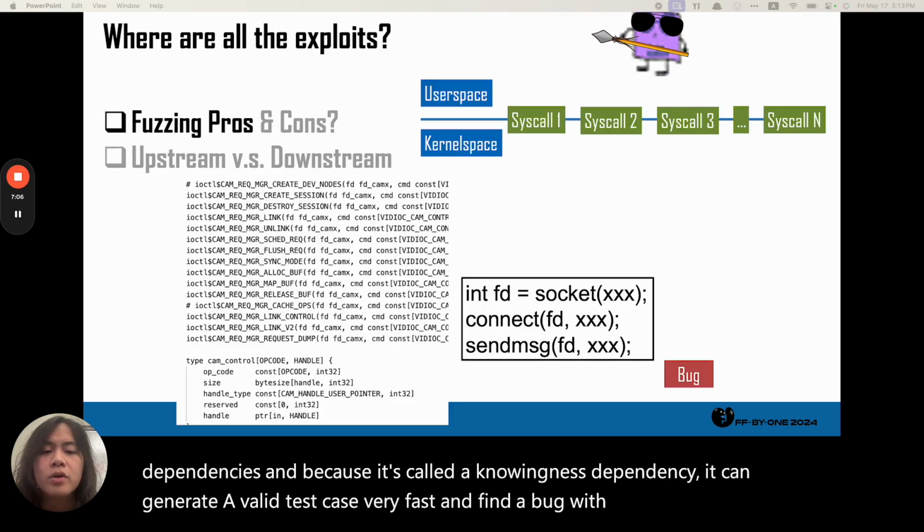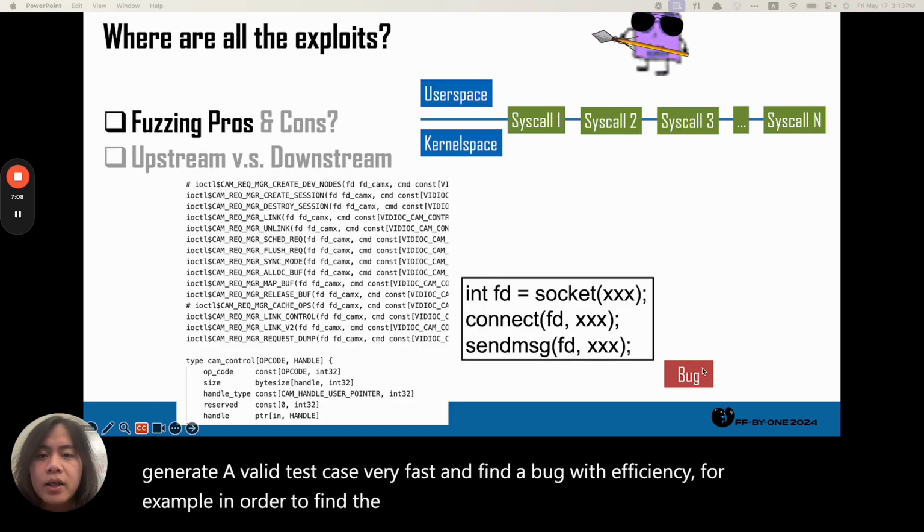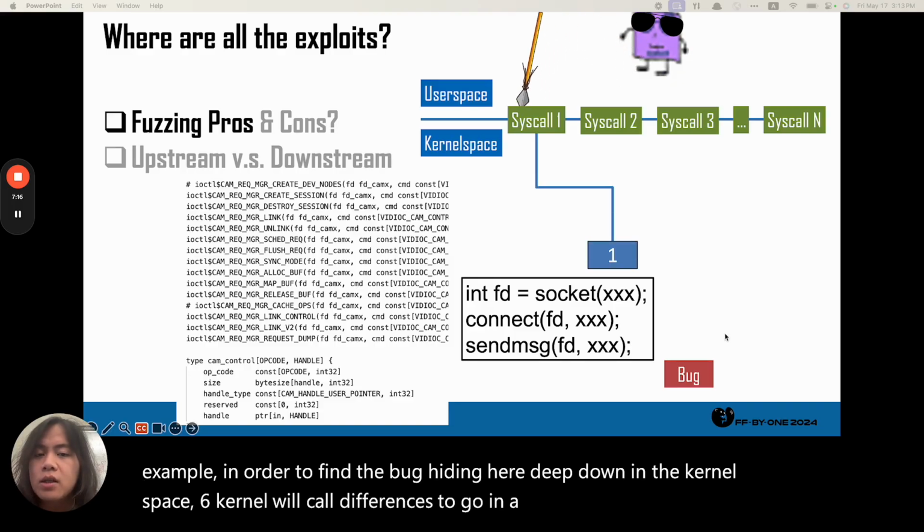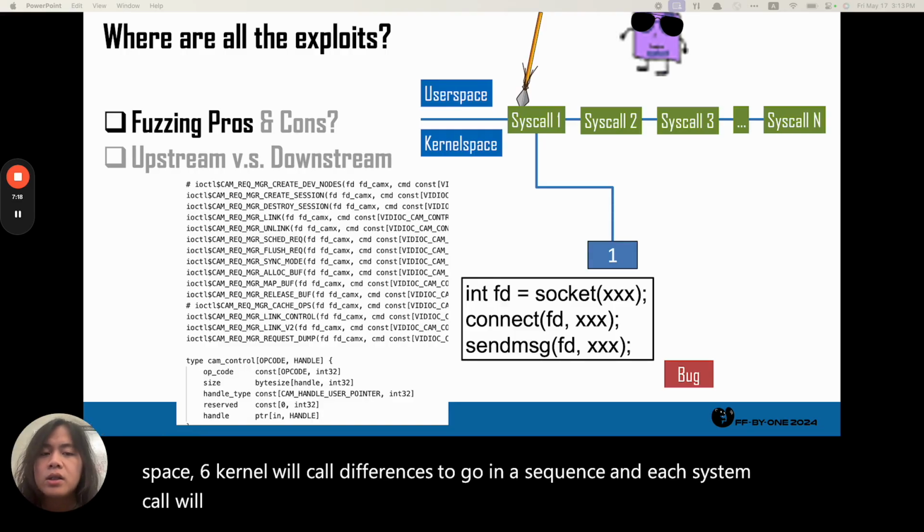For example, in order to find a bug hiding deep down in the kernel space, Syzkaller will call different system calls in a sequence, and each system call will make the kernel enter a specific state. That's a dependency.